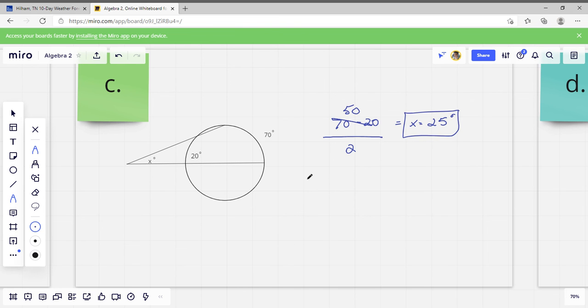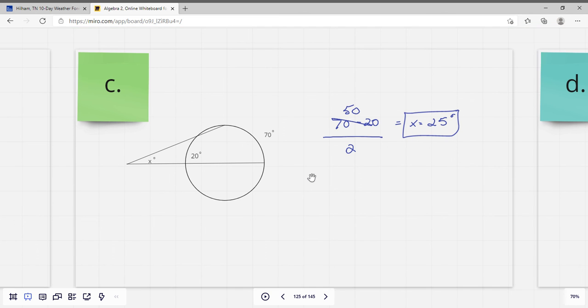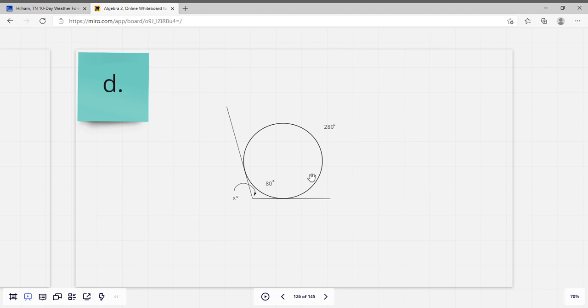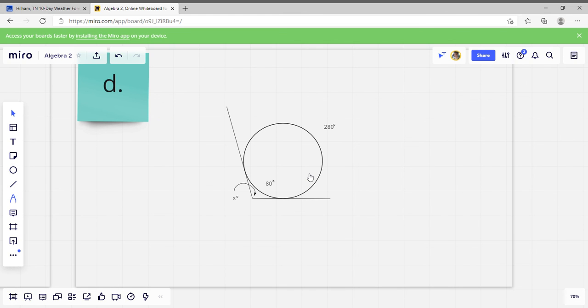And one more. This one, they're outside the circle again. It looks a little confusing, but as long as it's not inside the circle, then we're going to subtract. We've got 280 minus 80 divided by 2, which is going to be 200 divided by 2, which would be 100. So x equals 100 degrees.